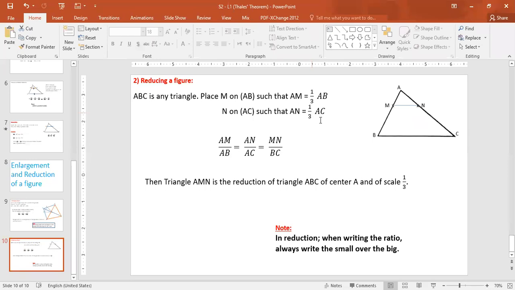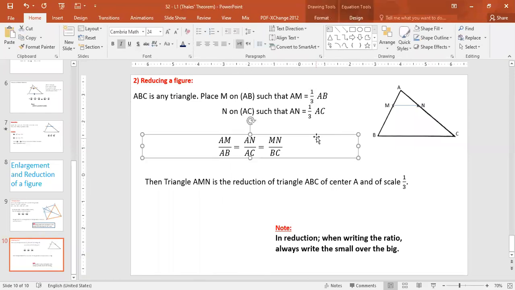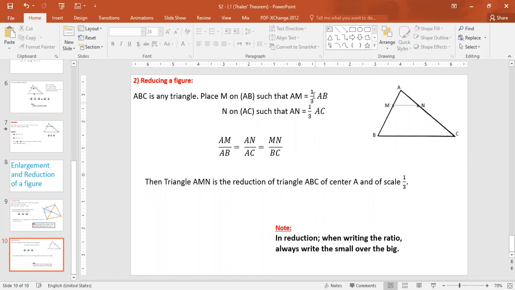I want to tell you something. Whenever we reduce a figure, it's very important to know how to write the ratios from Thales theorem. When reducing a figure, we should start with the small length over the big length. So we start AM over AB is equal to AN over AC is equal to MN over BC.